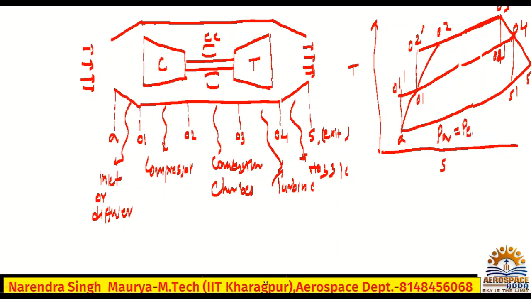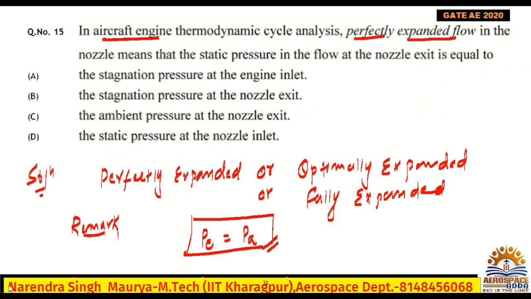So what is the meaning of it? You can say that the exit pressure of the nozzle is equal to the inlet pressure of the engine. That will be called fully expanded, or it is called the optimally expanded case. Always remember.